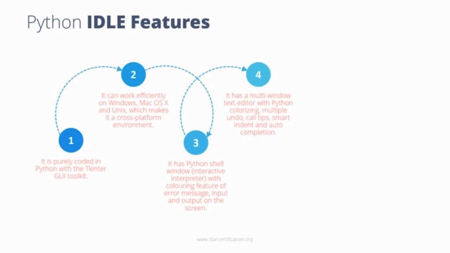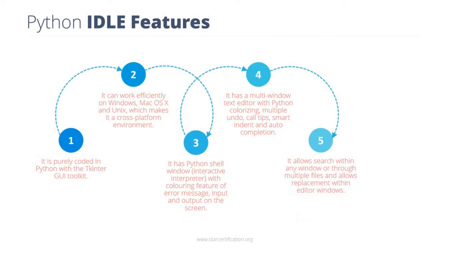It has a multi-window text editor with Python colorizing, multiple undo, call tips, smart indent and auto-completion. It allows search within any window, or through multiple files, and allows replacement within editor windows. It allows debugging, stepping, configuration, browsing and viewing of local and global namespaces.